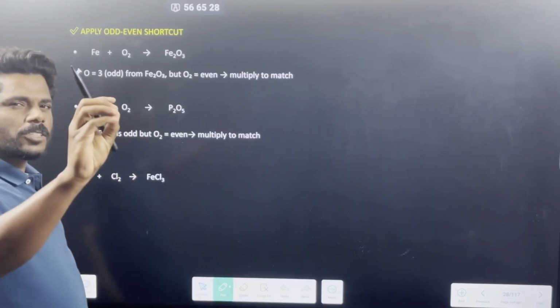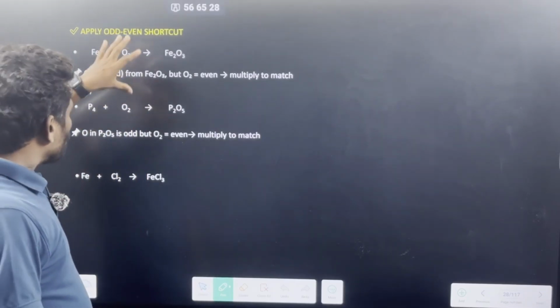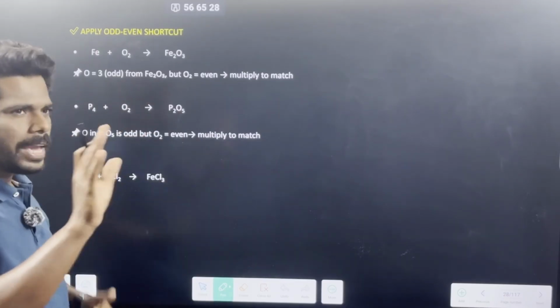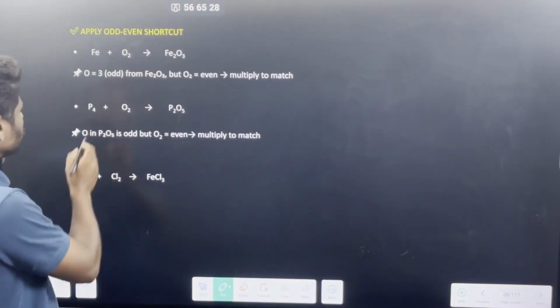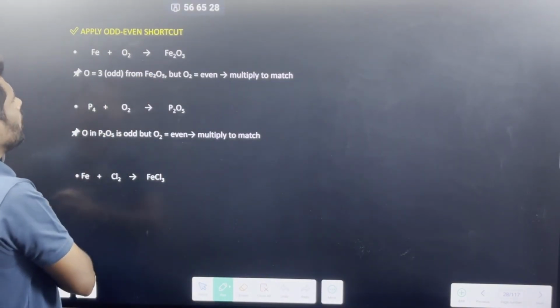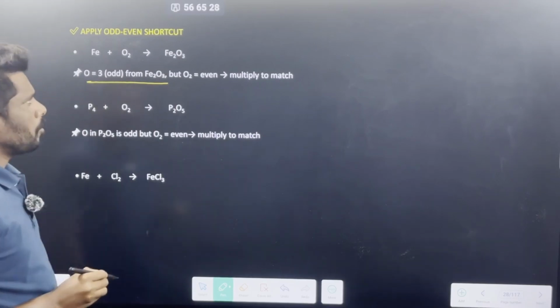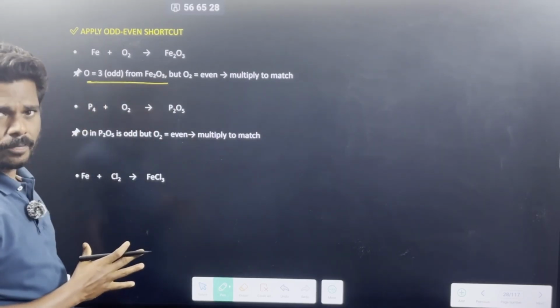Now this is the simplest shortcut method I would like to tell you, but it is applicable only for this kind of equation, where the condition is very simple. You look here, balancing the oxygen atoms will balance almost the whole equation.